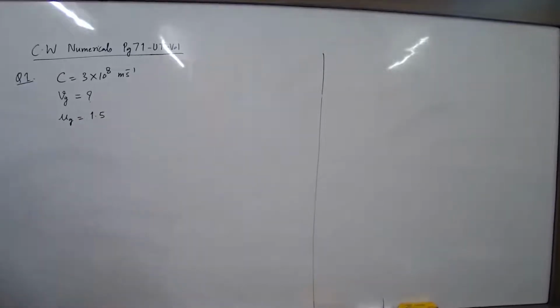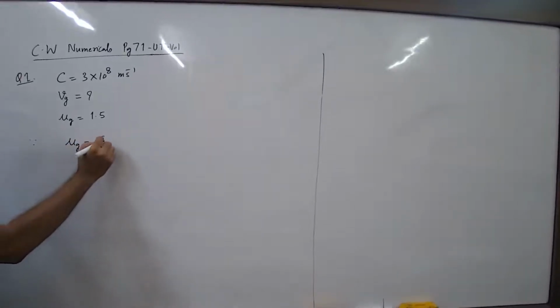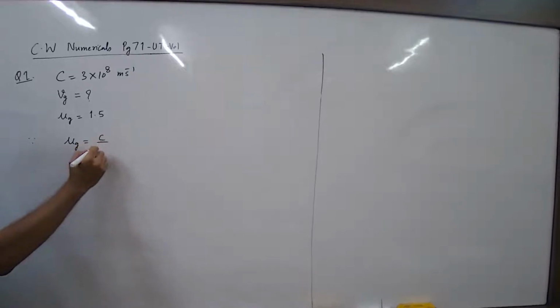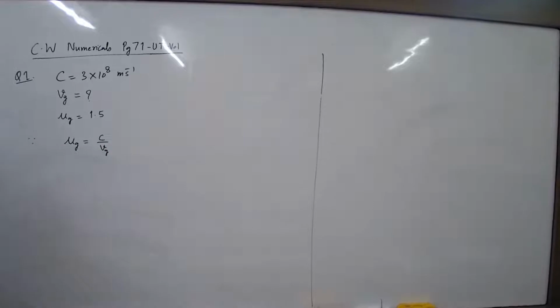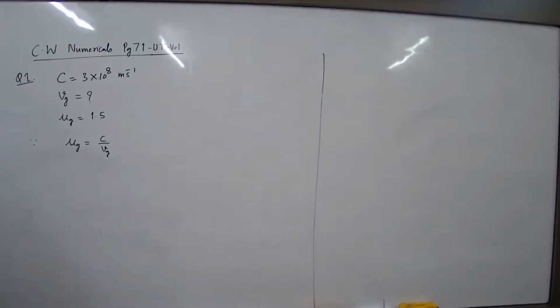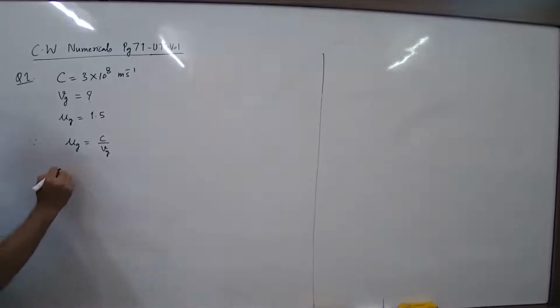What do we do? So since now this is the absolute refractive index of glass, this is defined as speed of light in air divided by speed of light in glass, right? By definition of absolute refractive index. So what is V_G?